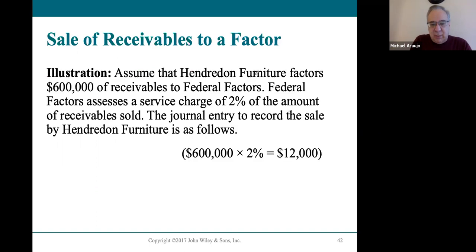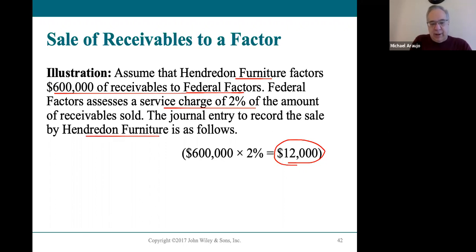So here's an example. Here's another furniture company. They have 600,000 of receivables that they have sold to federal factors. That's the factor. They charge a 2% fee for that. So in other words, $12,000 fee to buy those receivables. So what does the furniture company have?